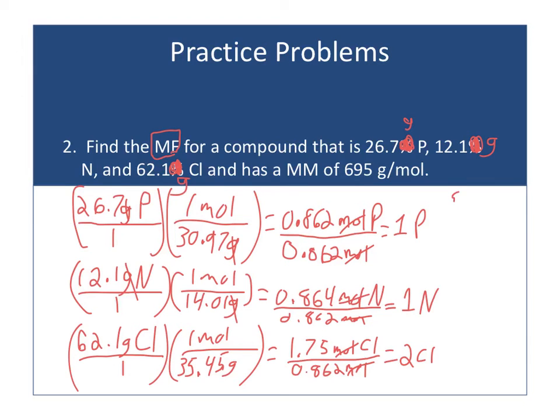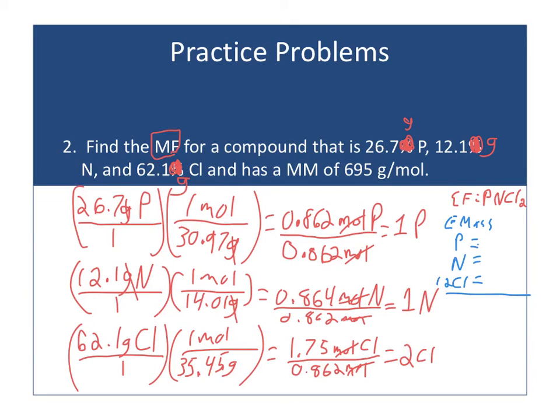So my empirical formula is PNCl2, which means my empirical mass, I'm going to change colors here for empirical mass, is a P, an N and 2 Cl's.